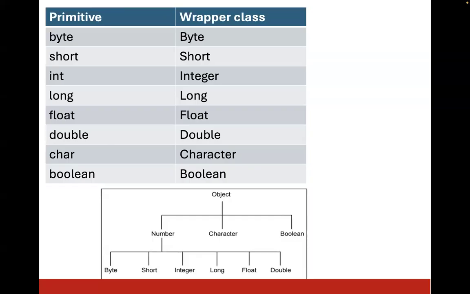When it comes to int, the wrapper class of that primitive data type is Integer. So you have to write the exact word and you write the first letter as capital. And then long, the wrapper class is the same name, but you write the first letter as capital.